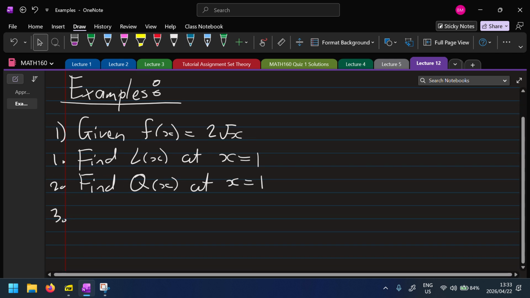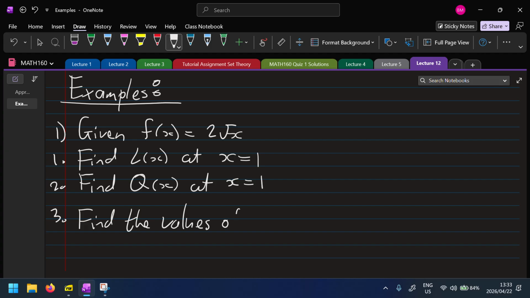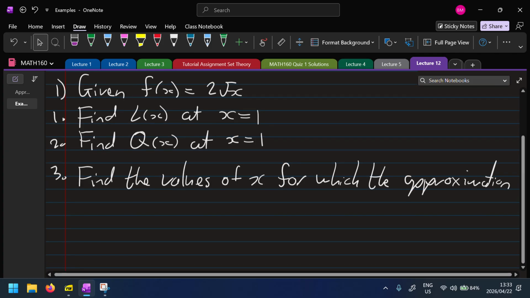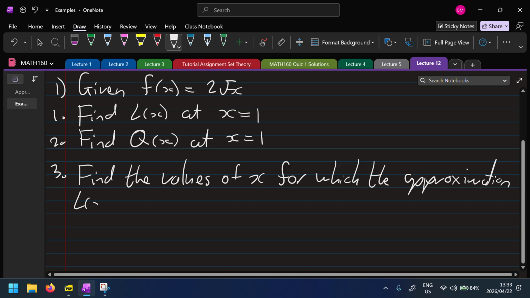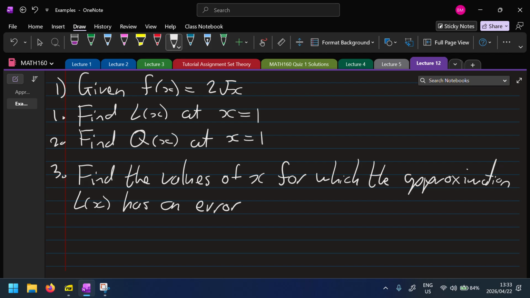And number 3, find the values of x for which the approximation L of x has an error less than 0.1.